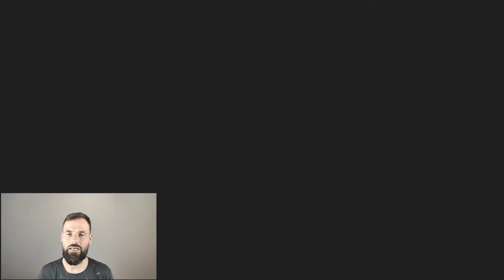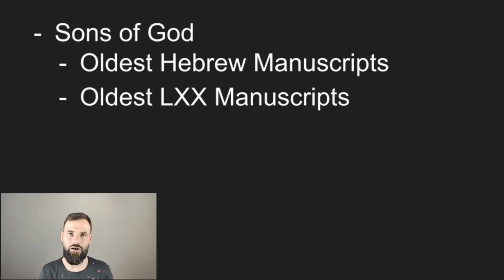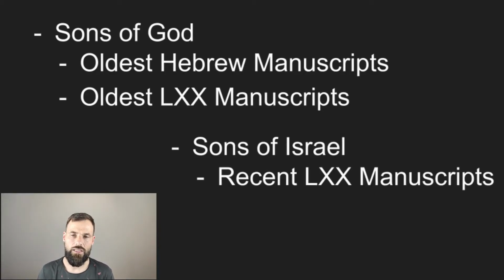So if we summarize our findings, things look as follows. All the oldest Hebrew manuscripts have sons of God. All the oldest Septuagint manuscripts have sons of God. Some of the more recent Septuagint manuscripts have sons of Israel. The significantly later Vulgate has sons of Israel.